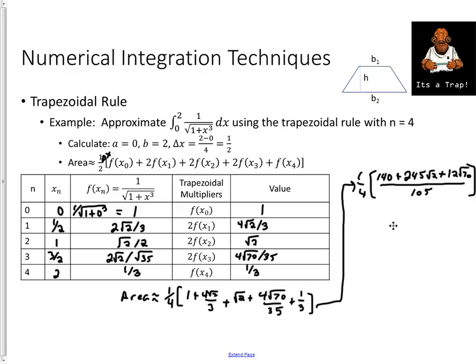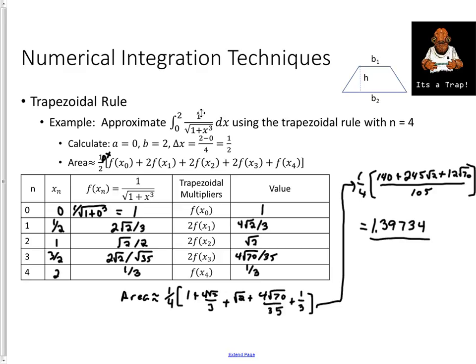Sort of an unwieldy fraction to work with, but I approximated that for my decimal to 5 decimal places right here. I found 1.39734, which is pretty good for an approximation right here.